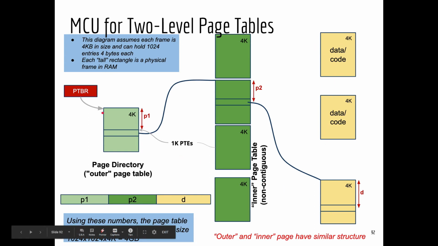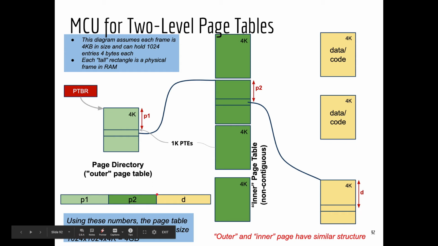Because we have 1024 entries in the outer page table, the number of bits for P1 will be 10 bits. Same thing, because we have 1024 entries in the next level page table, the number of bits in P2 is also 10 bits. And the offset refers to every byte in your data or instruction.